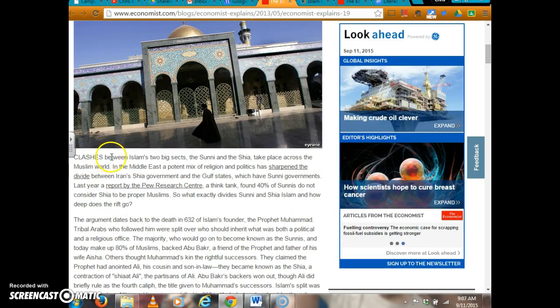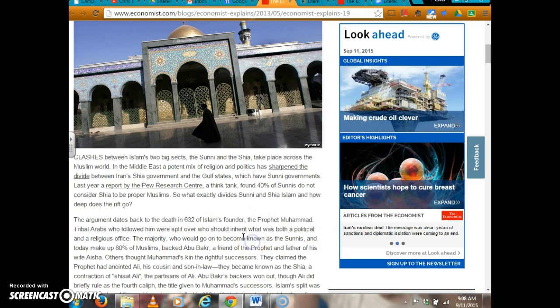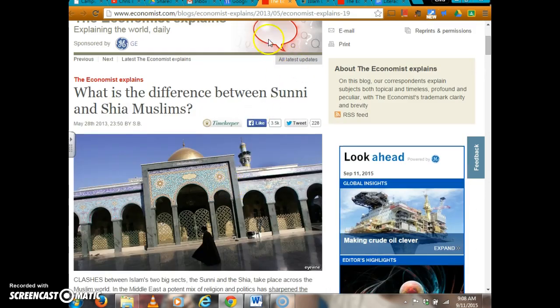So it talks about Islam having 2 big sects, the Sunni and Shia, and why they argue over Islam, and it all dates back to the death of Muhammad in 632 AD. So it's not long. That's what I want you to read there.